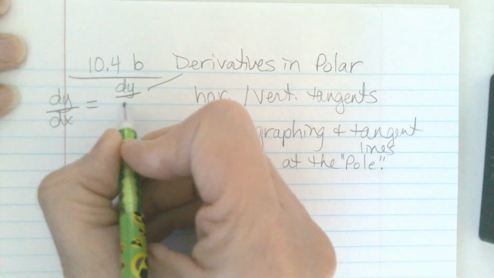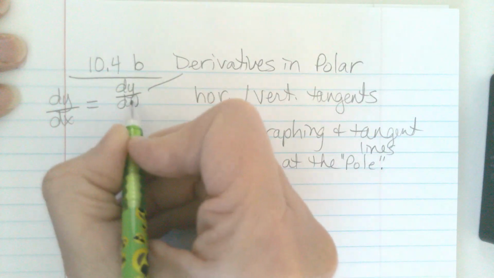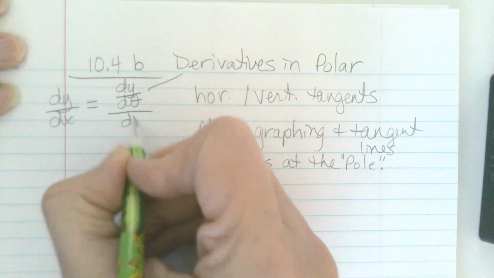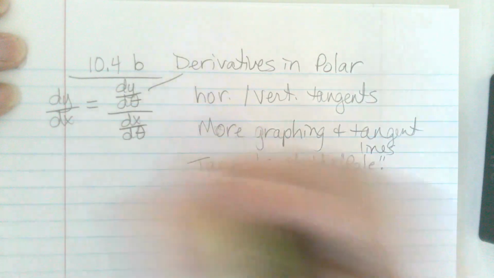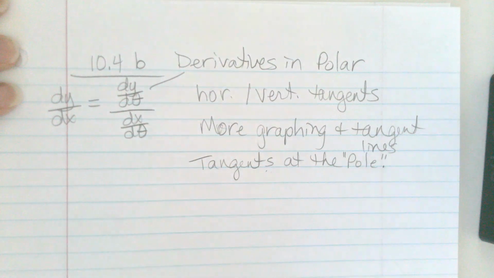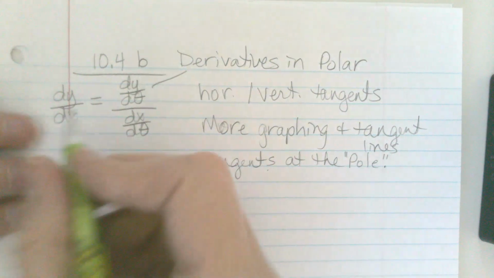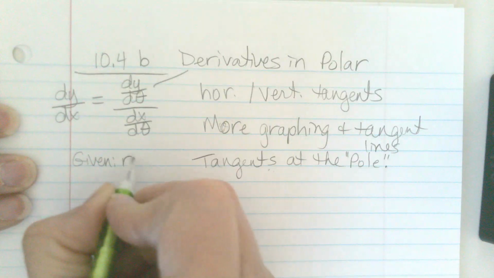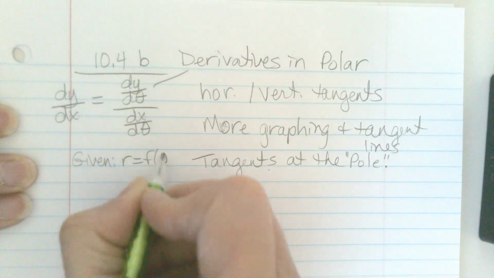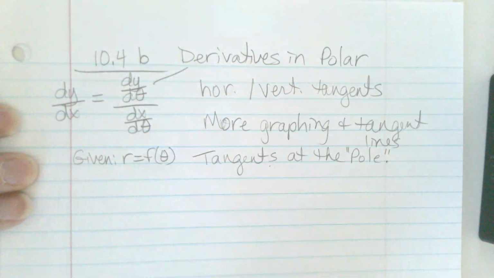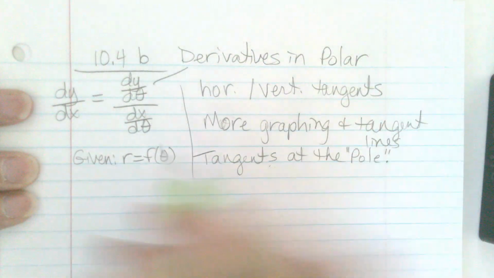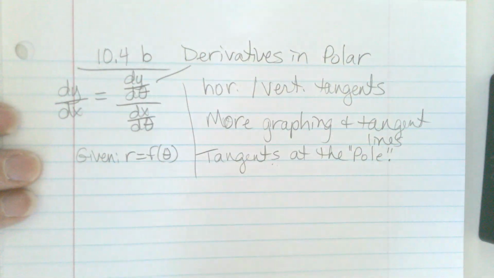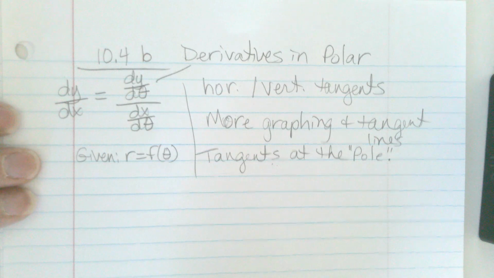But in polar, we're going to call it dy d theta over dx d theta. But what you're given, guys, is this polar equation, r equals some function in theta, correct? So what is x and what is y, you may ask?